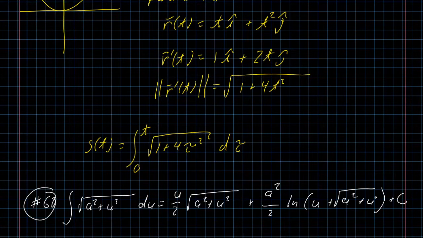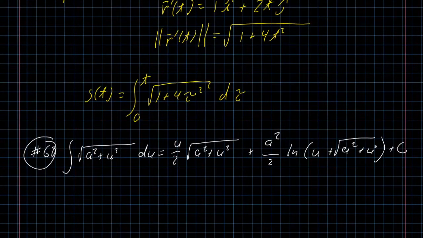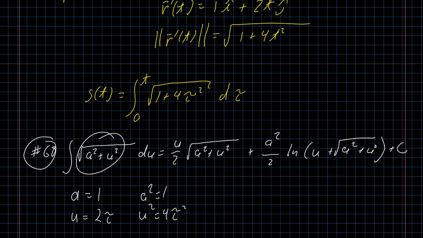And now I'm playing a matching game. If I set a equal to 1 and u equal to 2 times tau, then a squared is 1, u squared is 4 tau squared, and we have the stuff under the square root exactly how we need it.